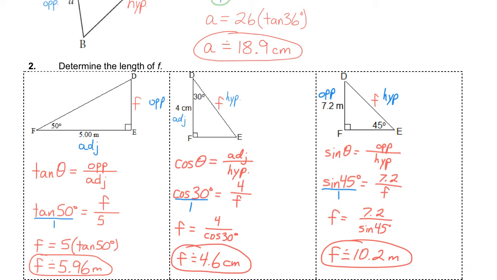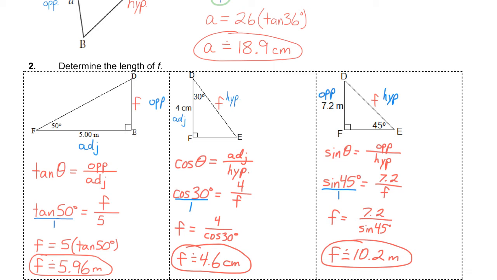Opposite is F. Adjacent is 5. So that's where this came from. Then I remember I can write this as a fraction over 1. To solve for F, I cross multiply 5 times tan 50, divide by 1, which is just 5 times tan 50. Do that in my calculator, I get 5.96 as my answer.